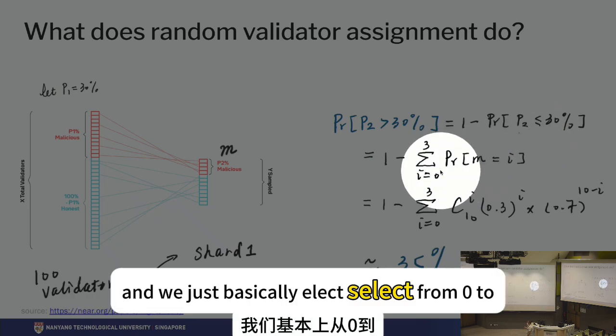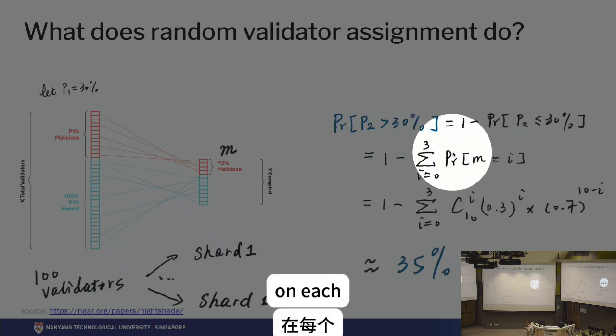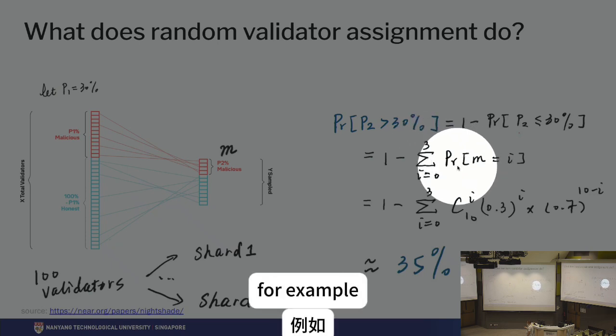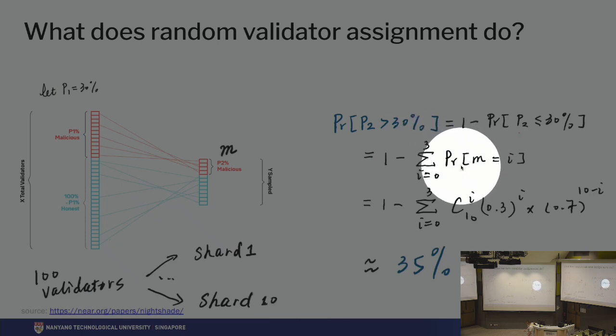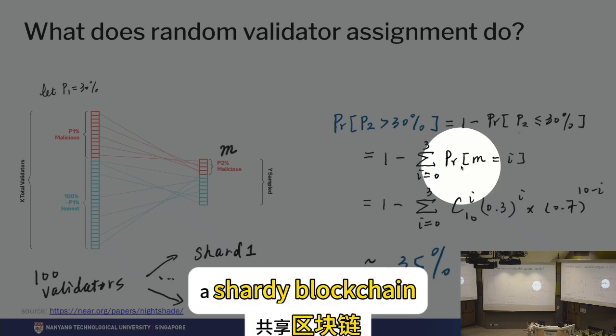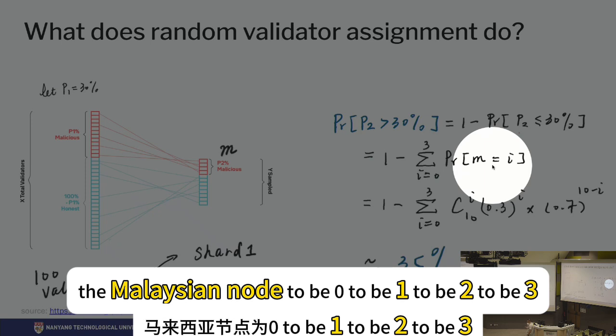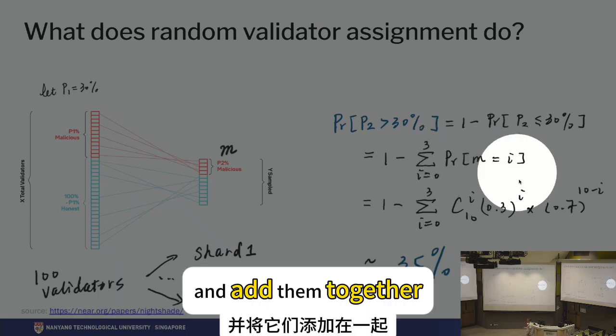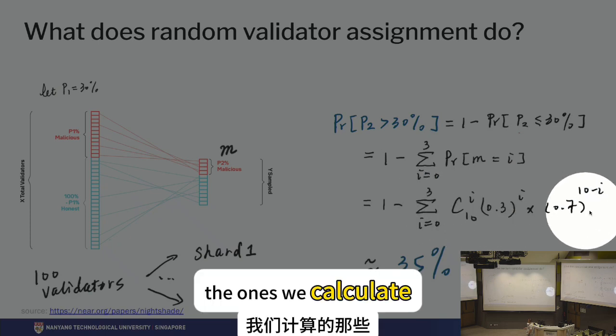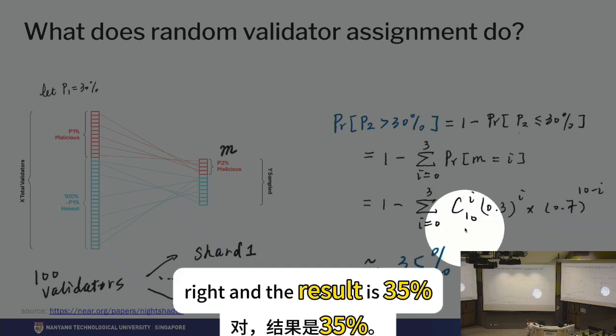We select from 0 to 3 on each sharded blockchain: the chances for the malicious node count to be 0, 1, 2, 3, and add them together. And the result is 35%.